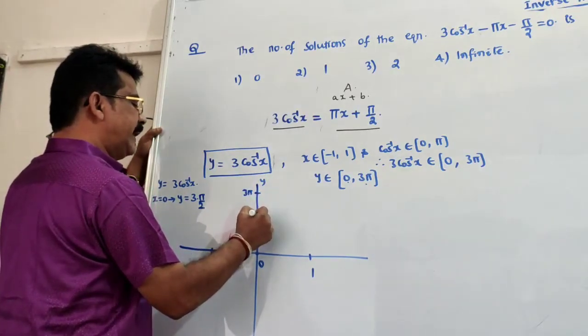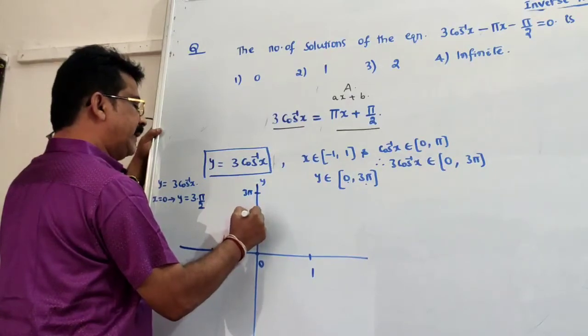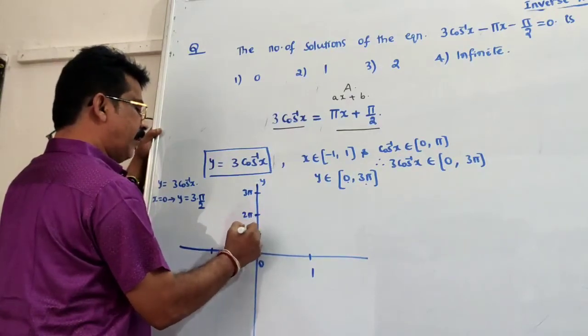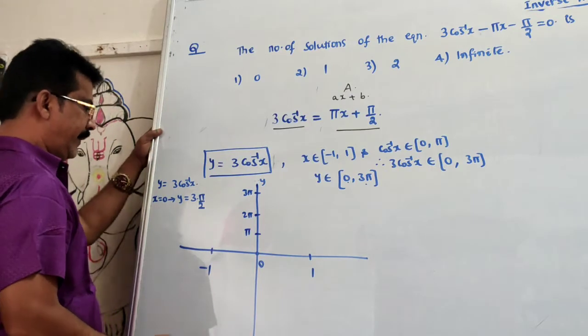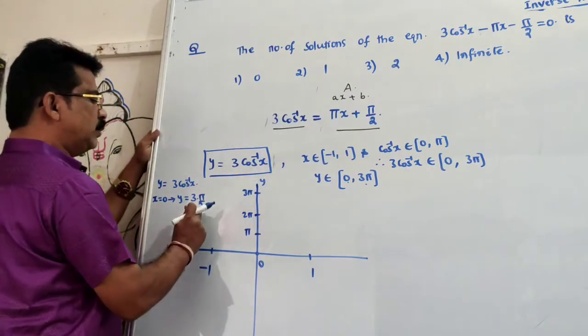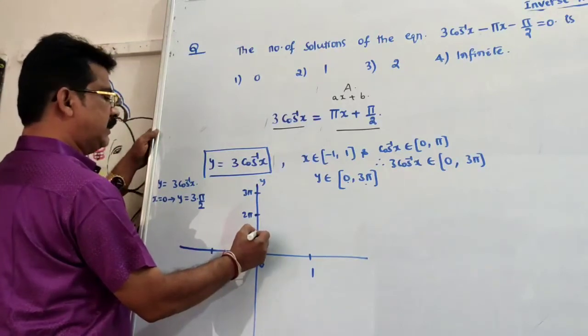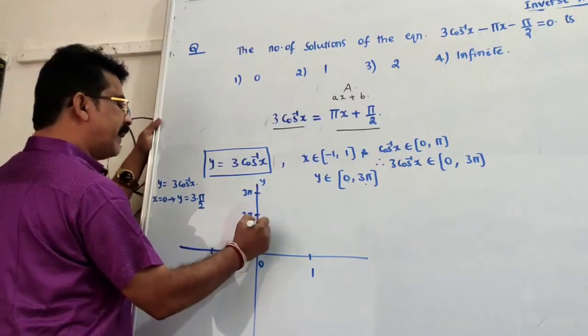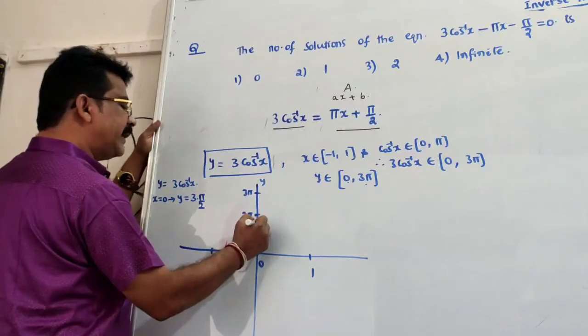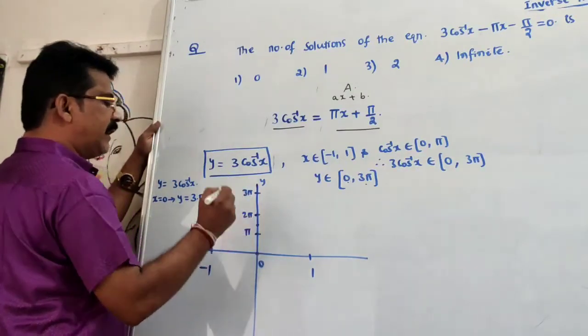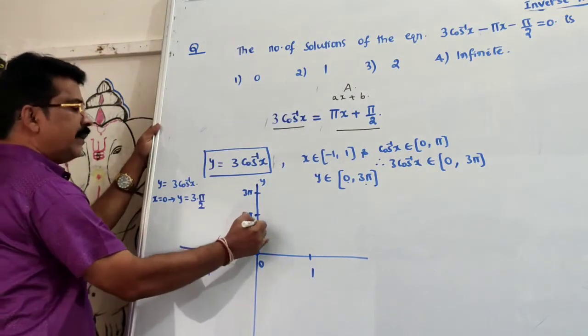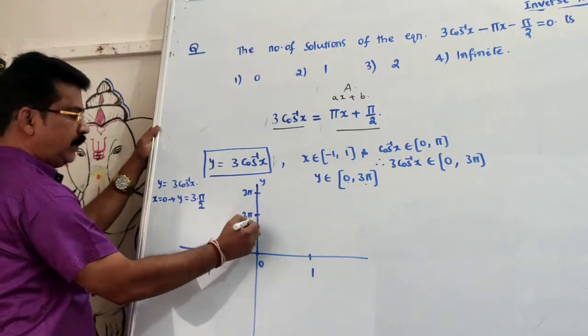Next it will be 2 pi, next pi. Take like that on the y-axis. 3 pi by 2 means 270 degrees, maybe here. So plot the points like that whenever x equals 0.